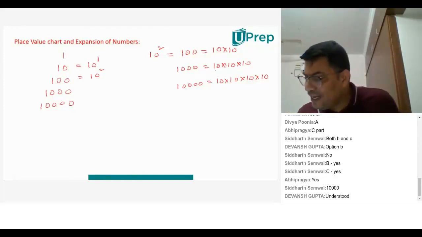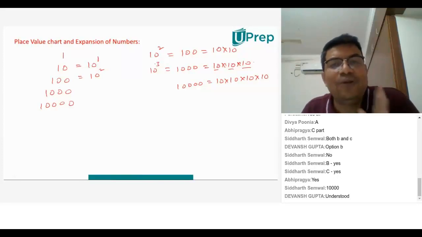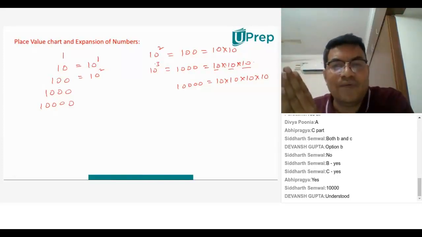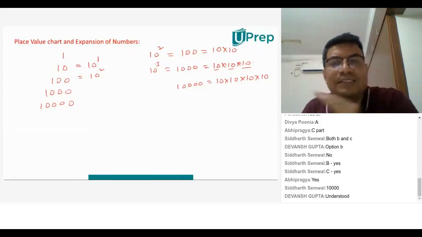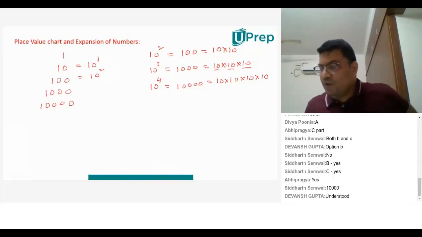So when you multiply 10 into 10 into 10, 3 times, we call it 10 cube. Another way of writing 10 into 10 into 10 is 10 to the power of 3. Now 10 into 10 into 10 into 10 is 10 to the power of 4. Very good. Now it's very simple.